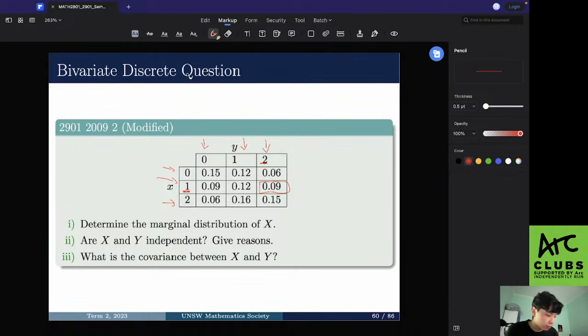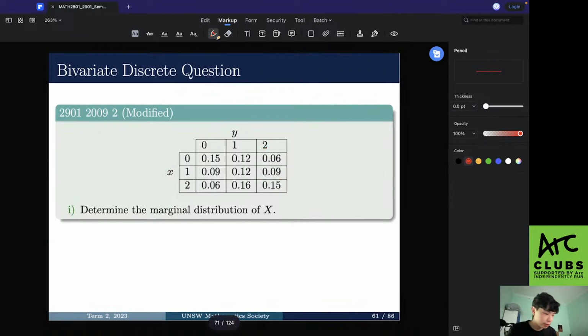Our first goal is to find the marginal distribution, which, as we remember, is just the f of x function. So what do we know? Let's say we wanted to find the f of x when x is equal to 0. We know that we don't really care about what y values there are, so we just add every case where x is equal to 0.